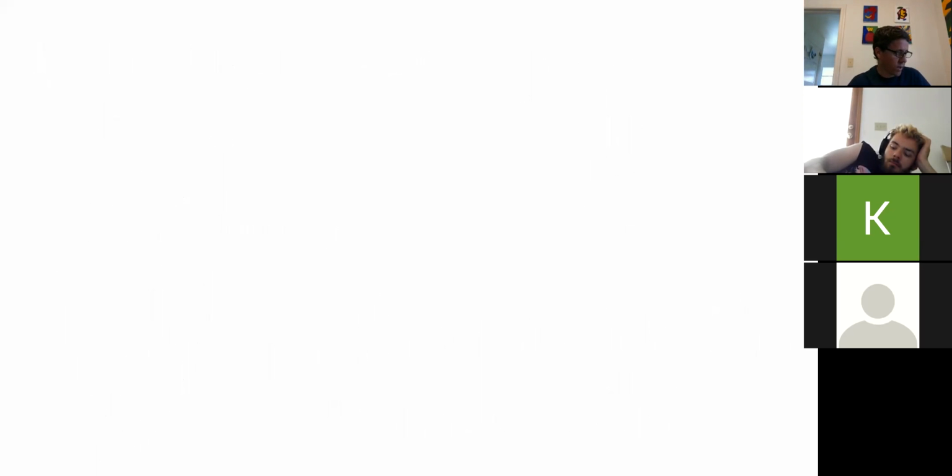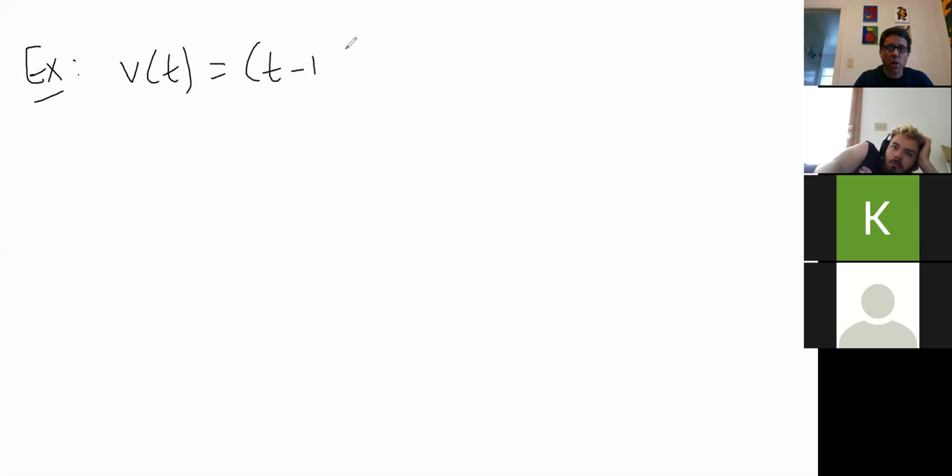But let's grab one over here. For example, suppose the velocity is (t minus 1) squared on the range from 0 to 3. So t is going from 0 to 3.